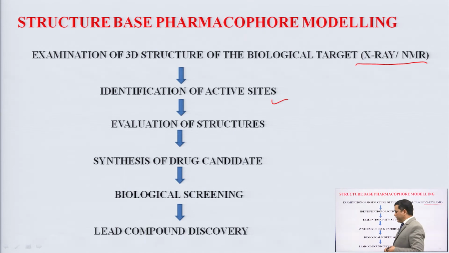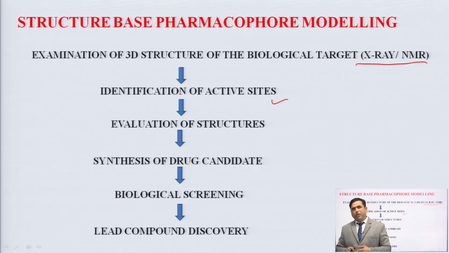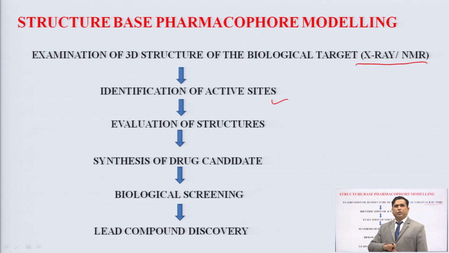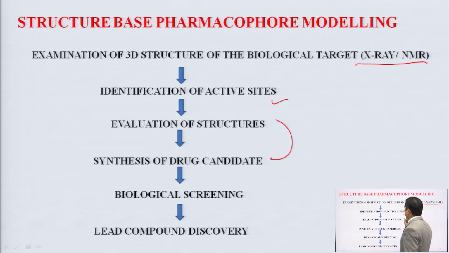Now, after the evaluation of the structure, we have to synthesize the drug candidate against this particular structure. We are not synthesizing just any type of drug candidate; we have to synthesize the specific drug candidate which is identical to its structure.